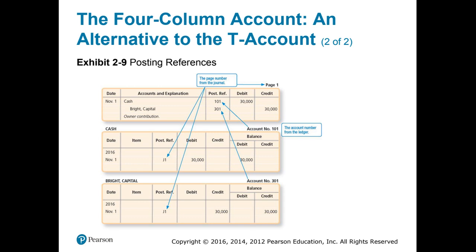The posting reference here is the page number from the journal. So J for journal, and then 1, this is journal number 1. That's just telling you where that posting reference is coming from: the page number and the journal number. The account number comes from the ledger.